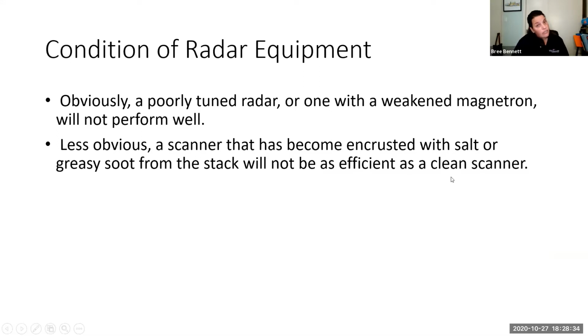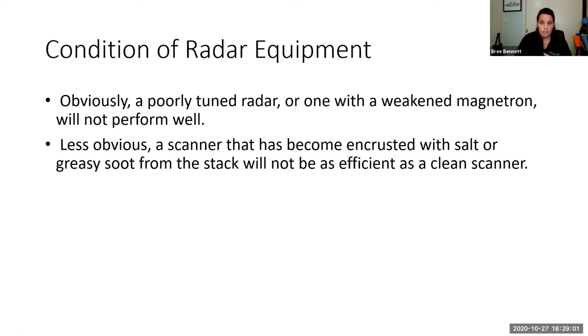The condition of the radar equipment. So this is moving away from looking at the target itself and more at looking at our equipment. We're shifting our factors here from looking at the target to looking at ourselves. A poorly tuned radar obviously will not perform well. But also, is it sooty? Is it salty?